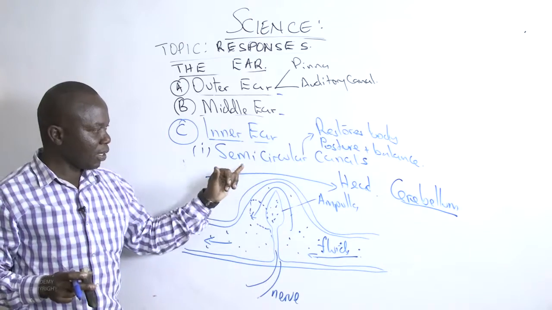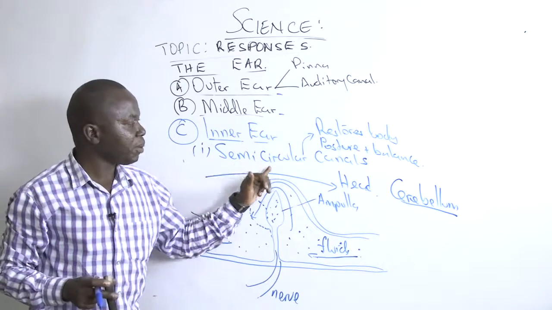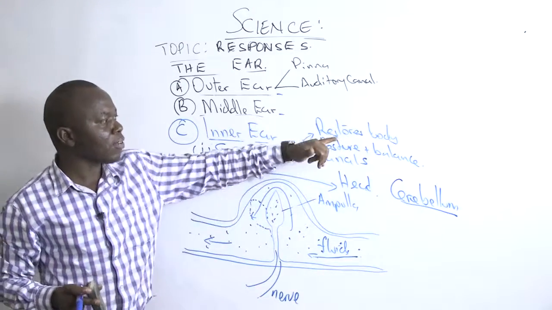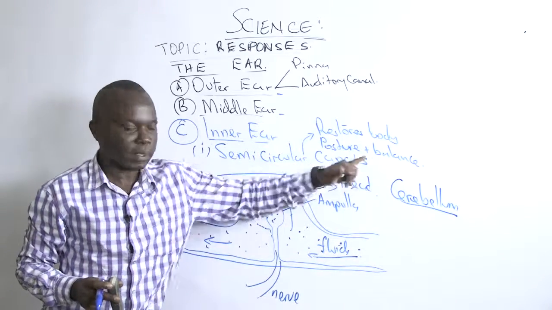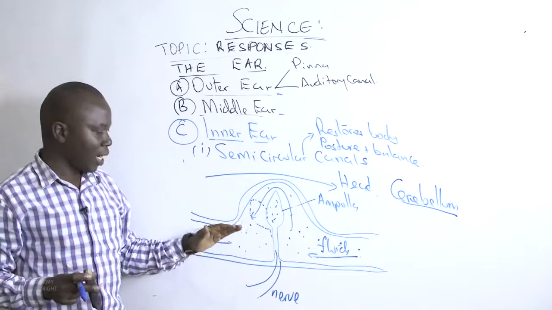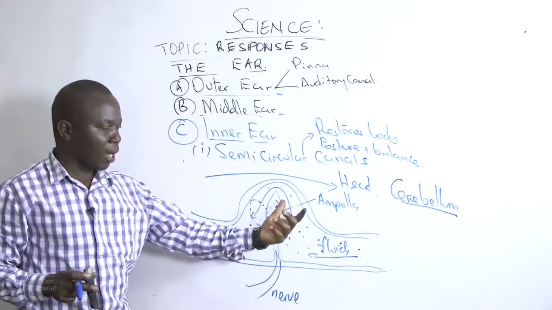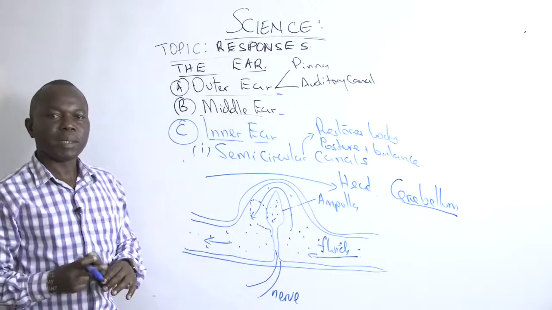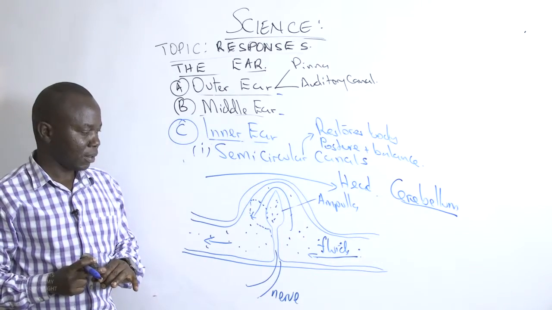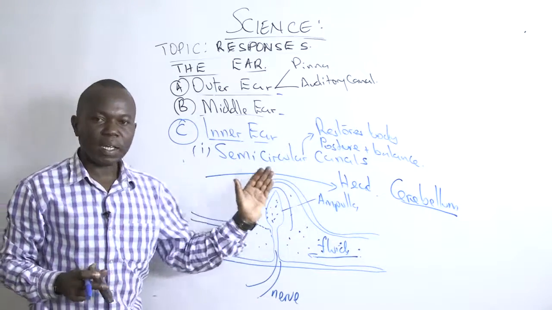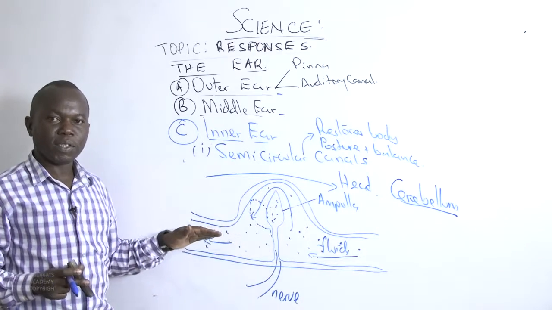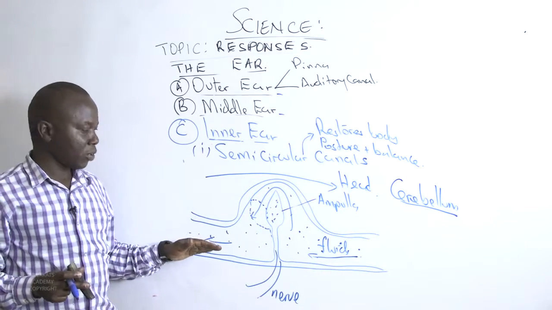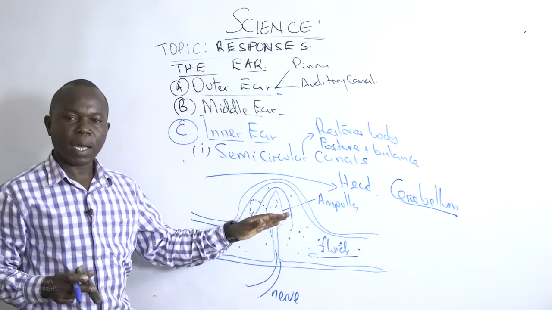So it becomes very clear how semicircular canals are involved in restoring body posture and balance, because each has a structure called the ampulla, such that when the head is displaced in one direction, the fluids flow in a different direction, therefore displacing the ampulla.